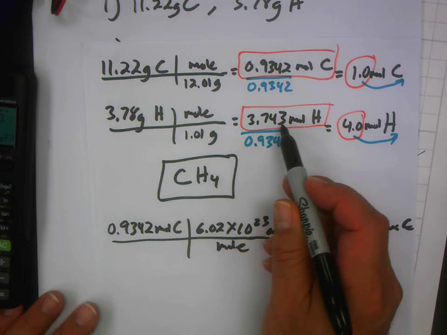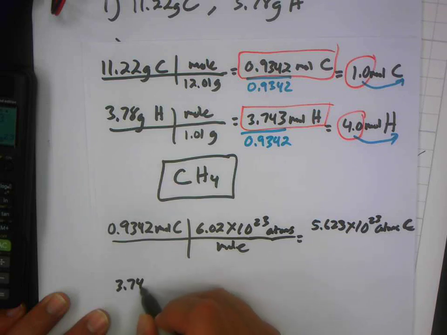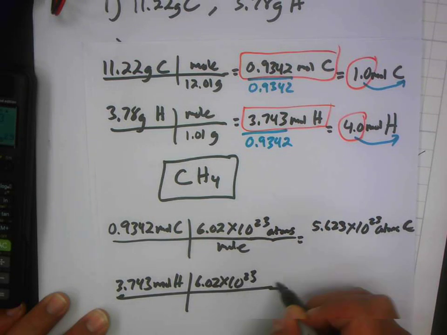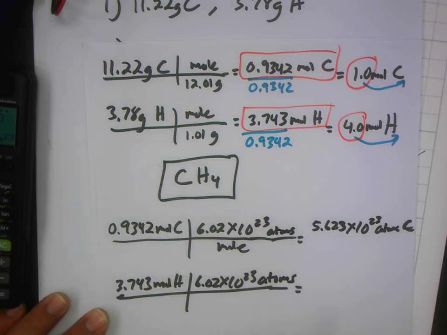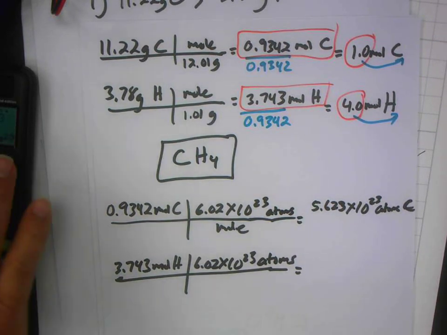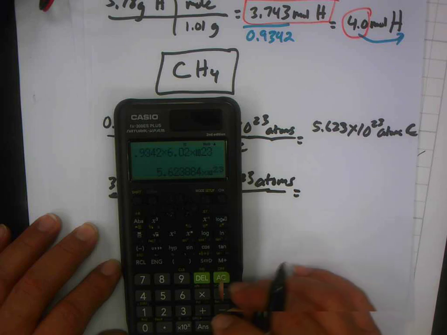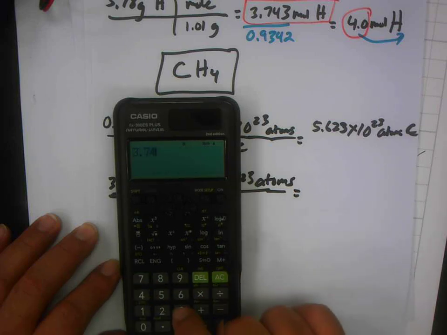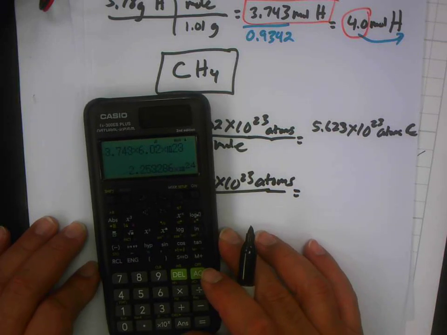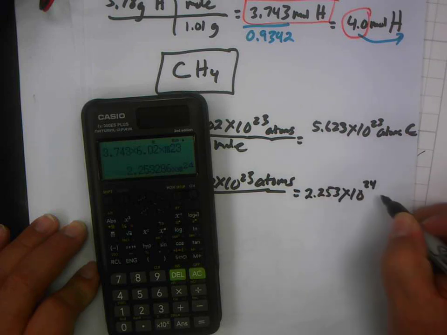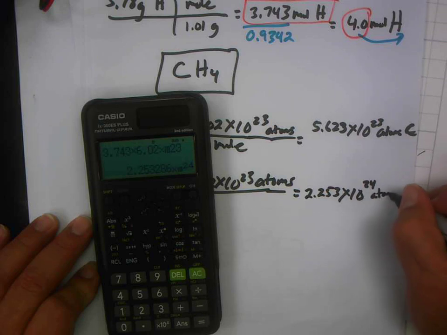And if I take my 3.743 moles of hydrogen and turn that into atoms by multiplying by Avogadro's number, 3.743 multiplied by 6.02 times 10 to the 23rd, that's going to give me 2.253 times 10 to the 24th atoms of hydrogen.